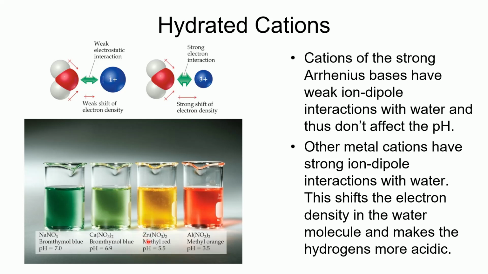You'll notice here the zinc has a pretty strong effect, and the pH is down to 5.5. Then with aluminum, it's an even stronger effect, and look at that. The pH is all the way down to 3.5. That is fairly acidic.